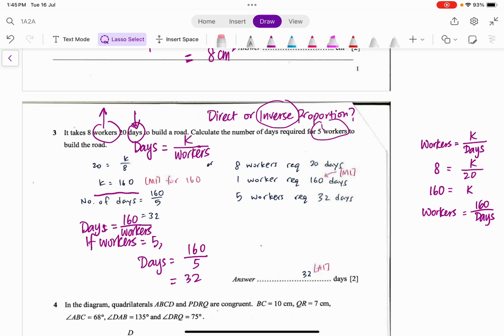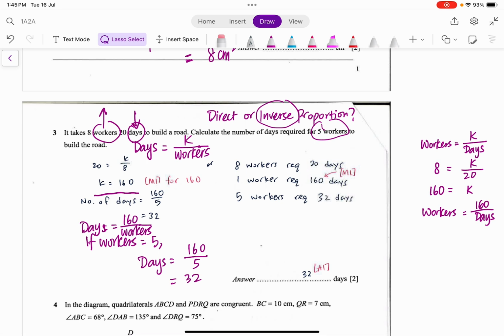So each of them work 20 days, right? If I need to work for all of them, 20 days, I must times 8 times. Repeat 8 times for 8 persons' share. So in the end that 1 poor guy must work 160 days for that road himself.